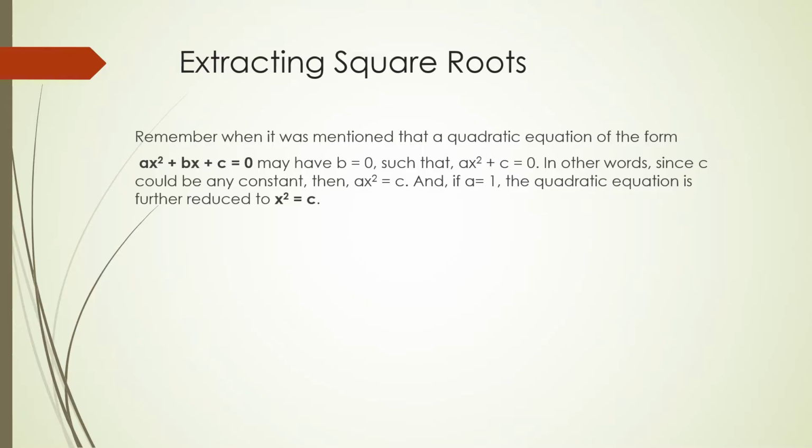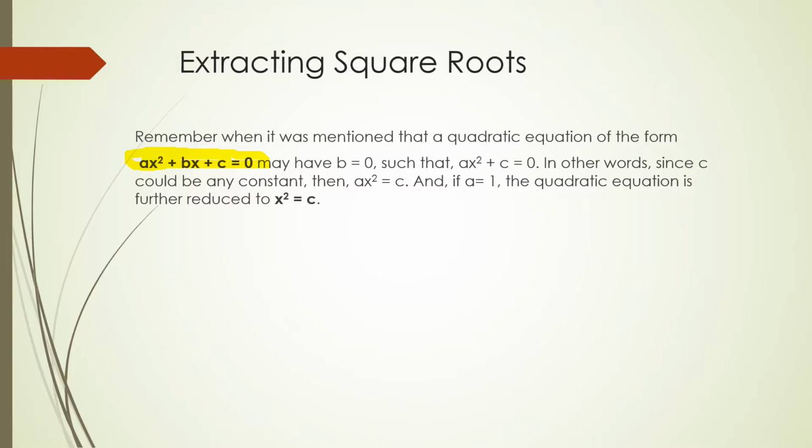And if a is equal to 1, the quadratic equation is further reduced to x squared is equal to c. So, if you're going to remember our first topic, ax squared plus bx plus c is the standard form of the quadratic equation.